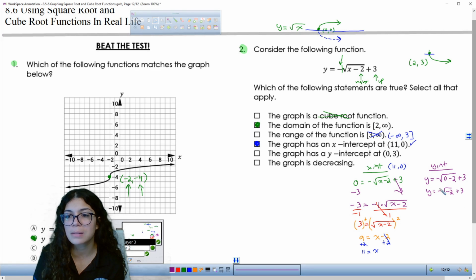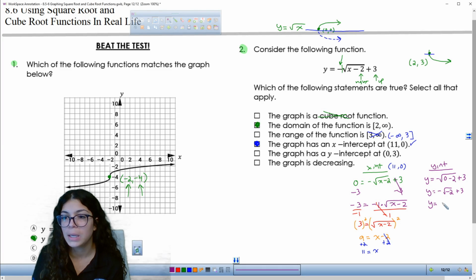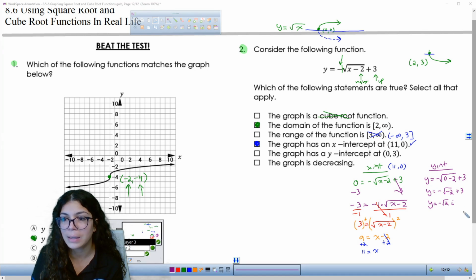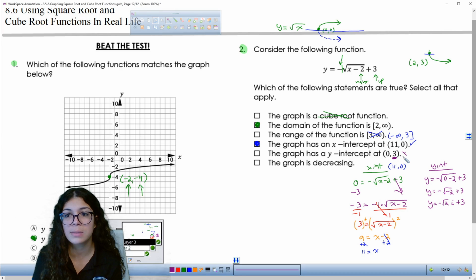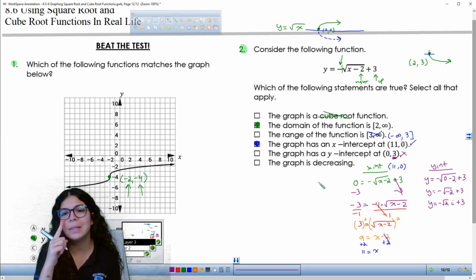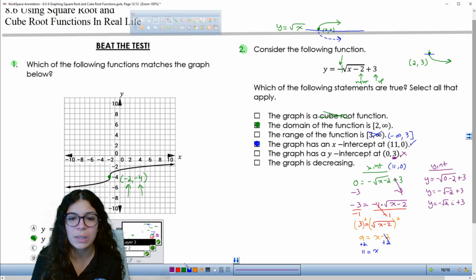And I can't simplify the square root of 2, but I can simplify the square root of negative 1, which is i. So this will be negative from the outside, and then the square root of negative 2 is the square root of 2i. And of course, plus 3 is plus 3. Now, this is an imaginary number. It's definitely not a real number, even less a whole number of 3. So this is incorrect.